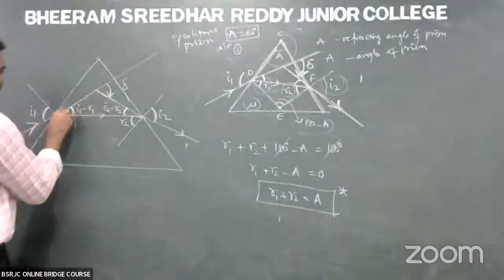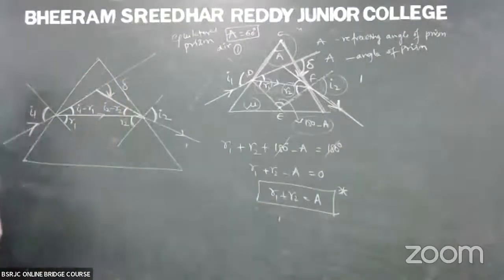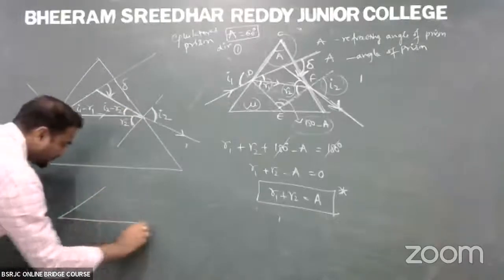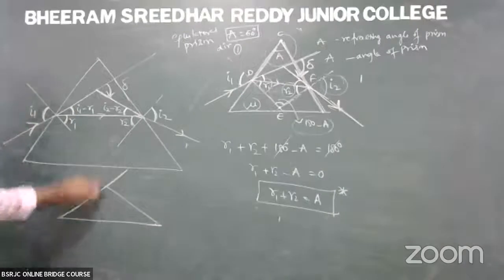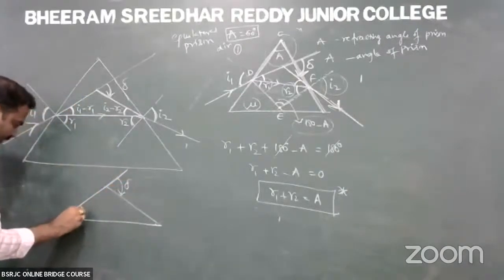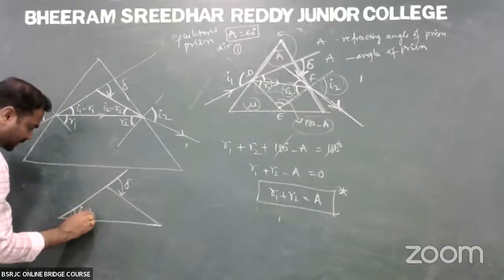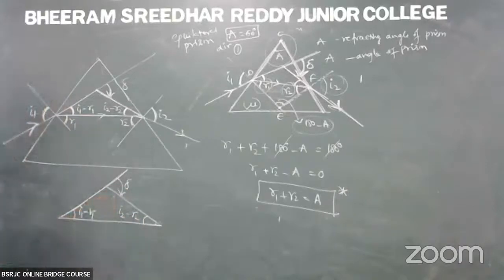See, if you see this triangle, carefully, I'm drawing the triangle again, see once. I'm drawing the triangle like this. This is the delta. This angle is I1 minus R1. This angle is I2 minus R2.